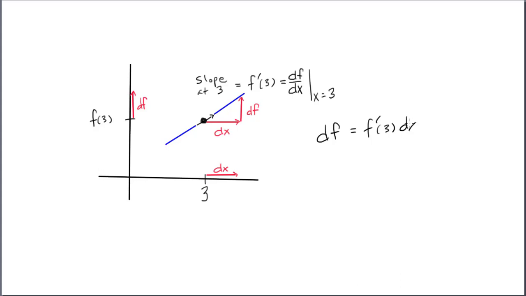So df, my vertical change, dx, my horizontal change. x is the input to the function, so dx is my input change, so df is my output change. So in calculus, we just thought of them as numbers, positive or negative. Of course, in Calc 3, we're going to make them vectors. So these are going to scale my vectors.